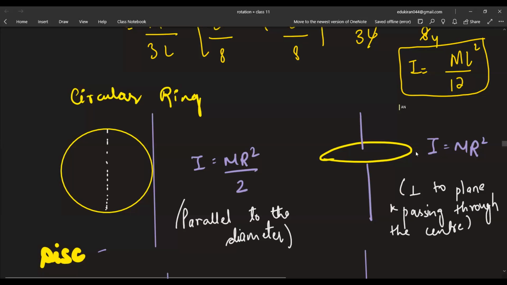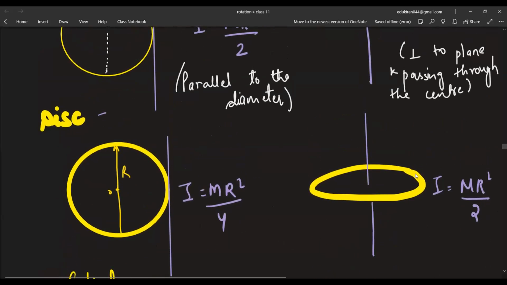Next, disk. Now disk, just a slight difference. If this is the disk, I have thickened it so you can remember it.